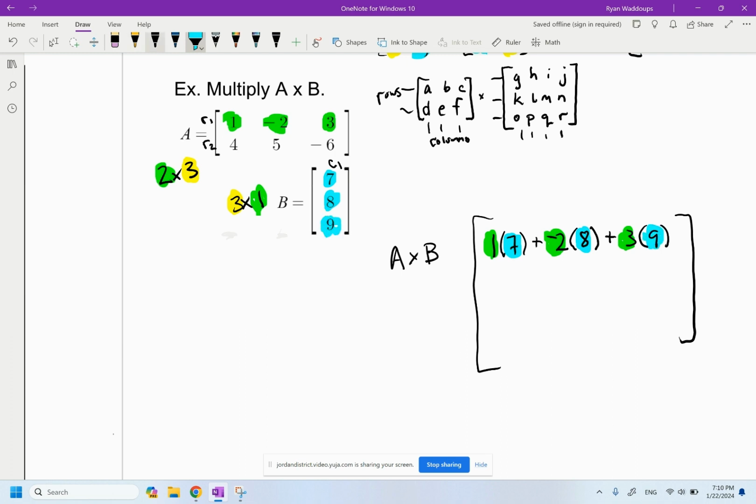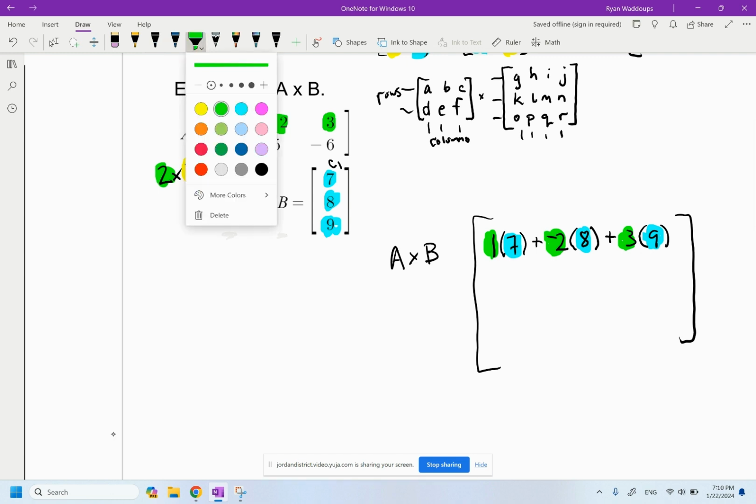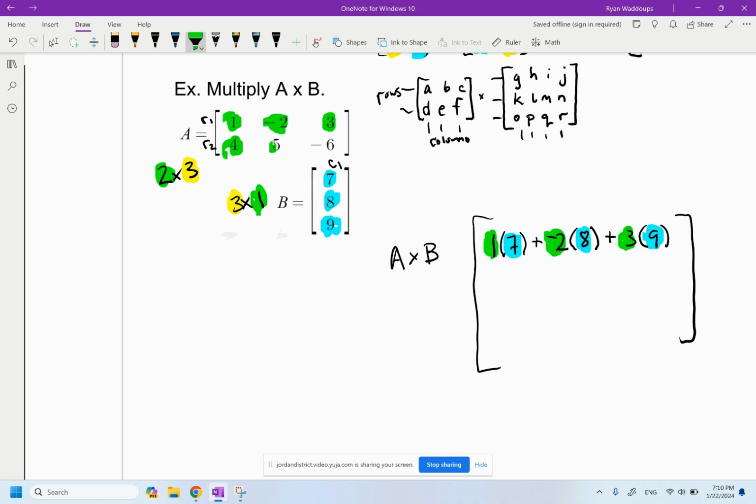And then we're going to do the same thing for the second row. For row 2, let's highlight that also: 4, 5, and -6. So we're going to put 4, 5 is going to go there, and -6 is going to go there.